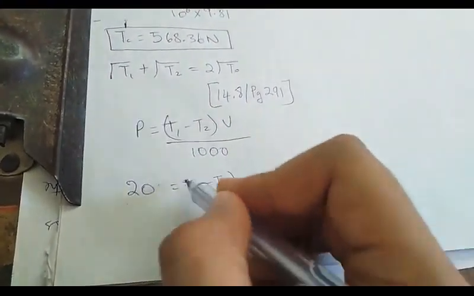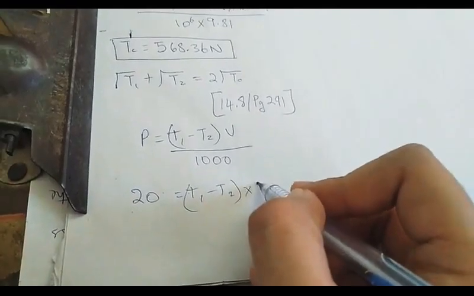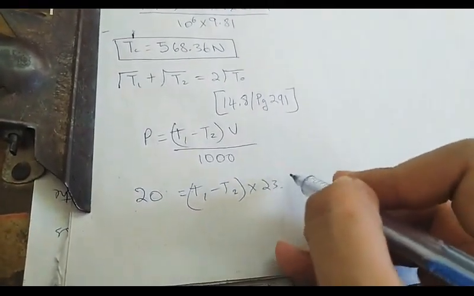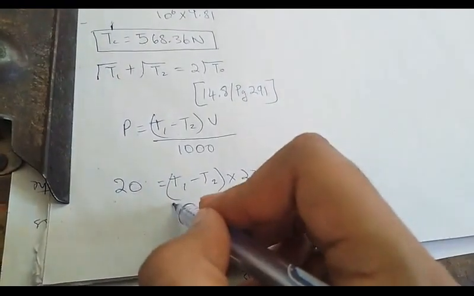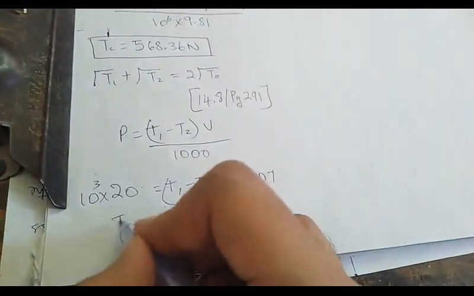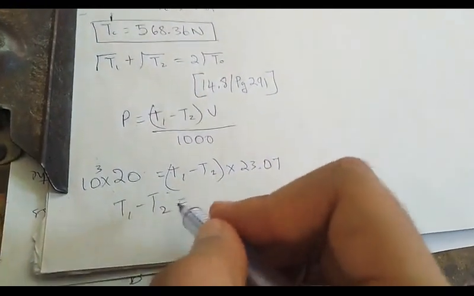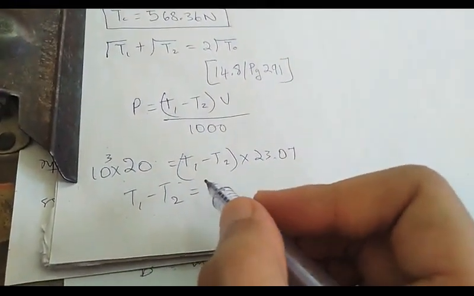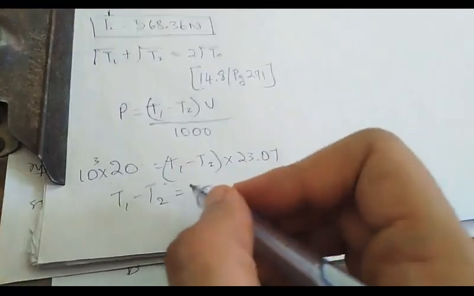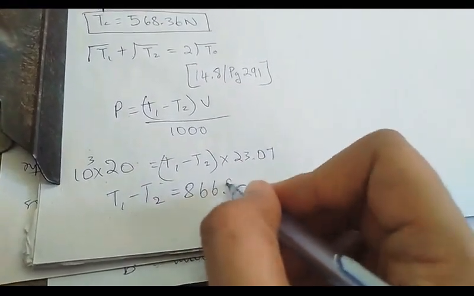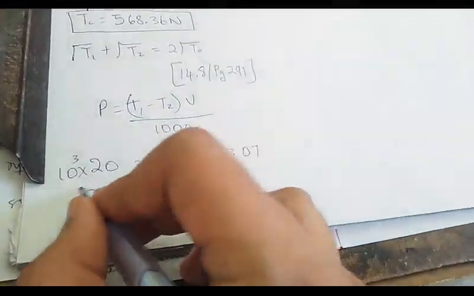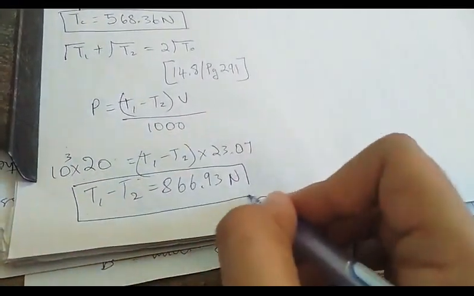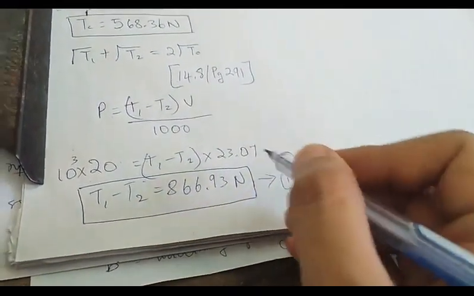(T1 minus T2) into velocity 23.07 into 10 power 3. So the value of T1 minus T2 we will get as 866.93 newtons. We shall call this equation 1.